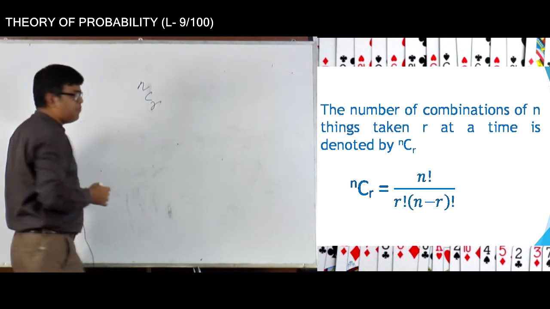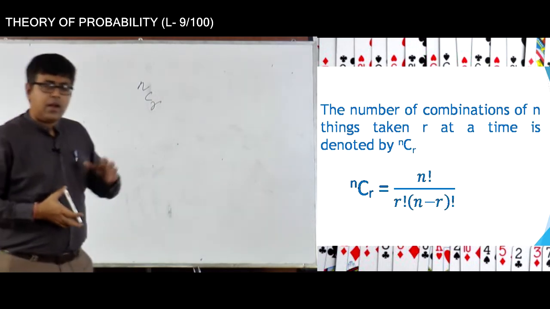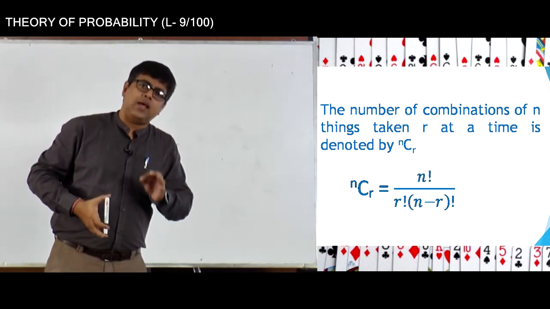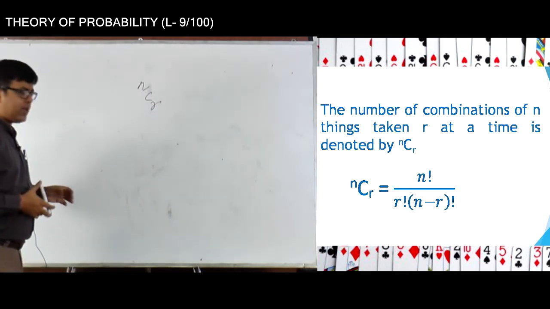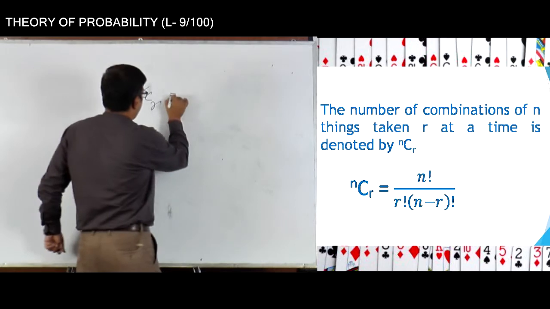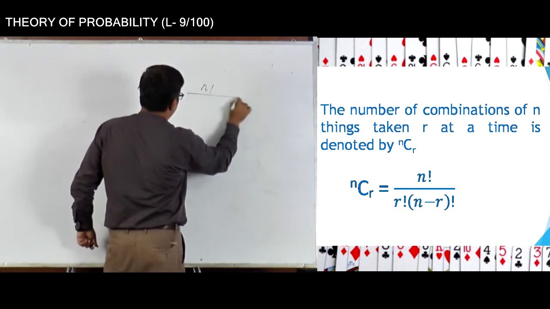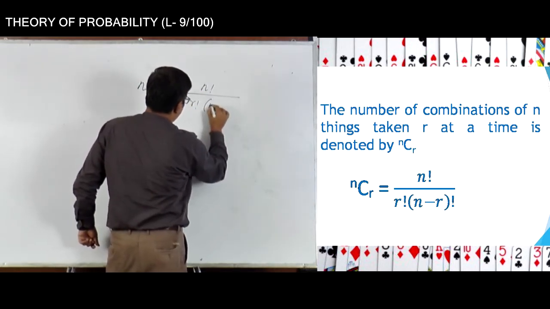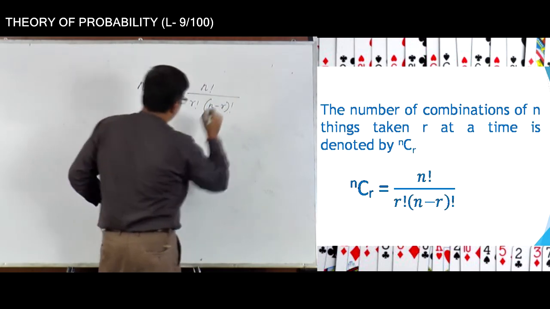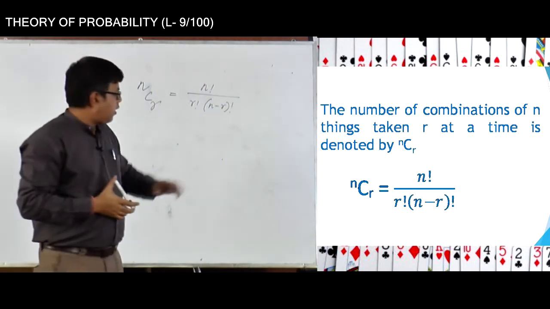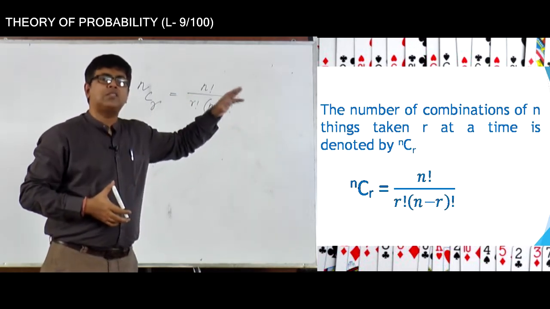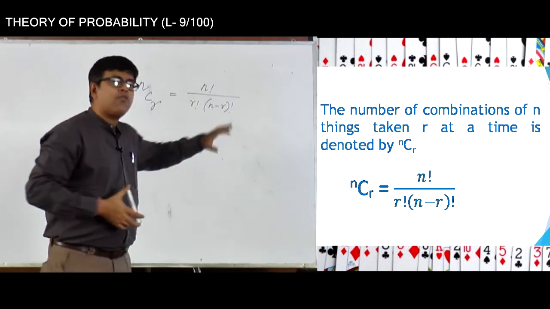NCR is a symbol to denote the number of ways of selecting R things from N things. How do we calculate this? We can calculate this by a formula. NCR becomes N factorial divided by R factorial into N minus R factorial. Once we apply this formula, we will be able to find out the number of ways of selecting R things from N things.